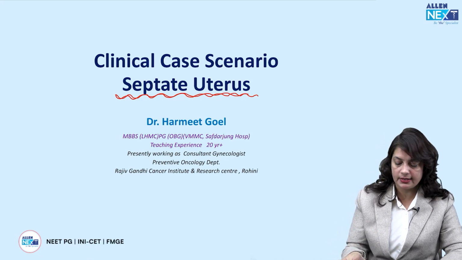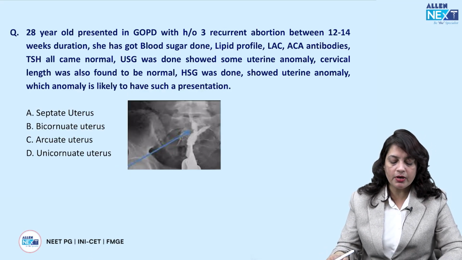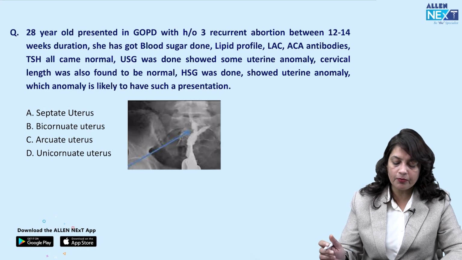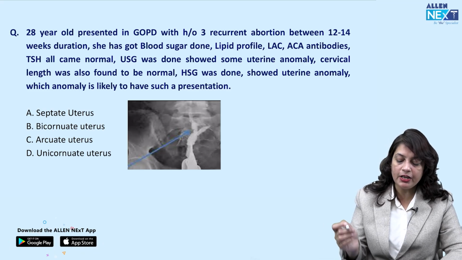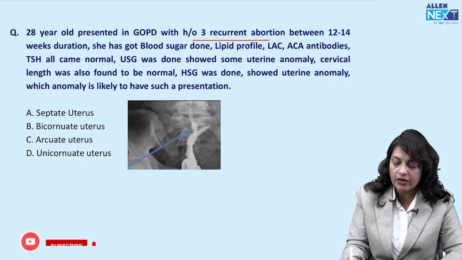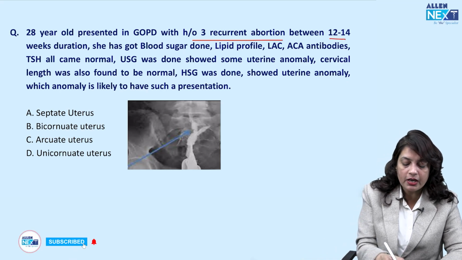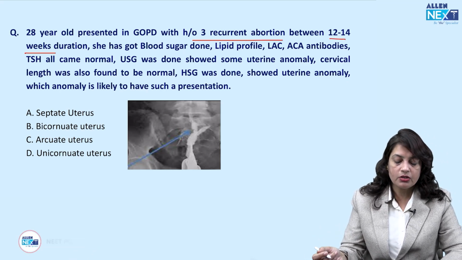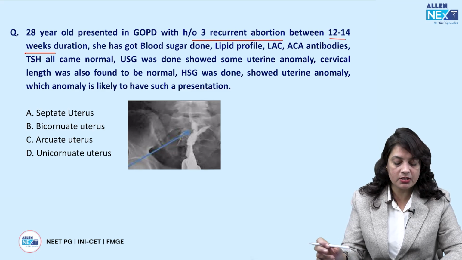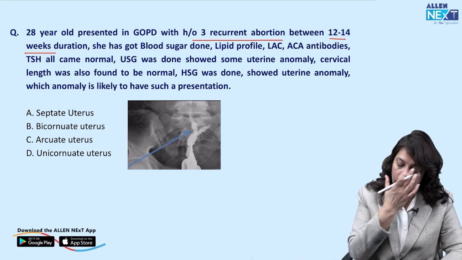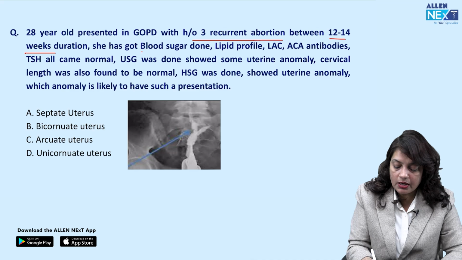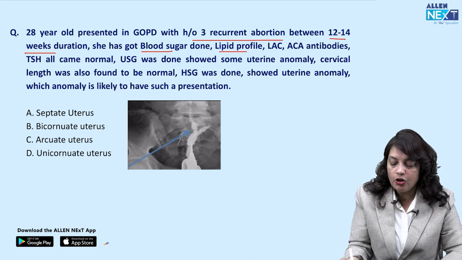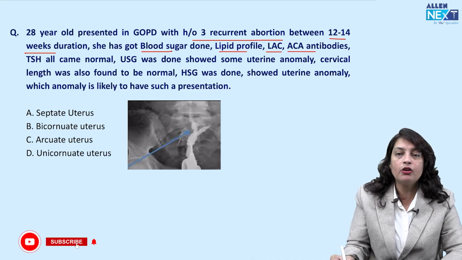Now, a 28-year-old female presented in the gynae OPD with a history of 3 recurrent abortions between 12 to 14 weeks duration. So it is usually second trimester abortions here in this question. She has had blood sugar, lipid profile, lupus anticoagulant and anticardiolipin antibodies done.